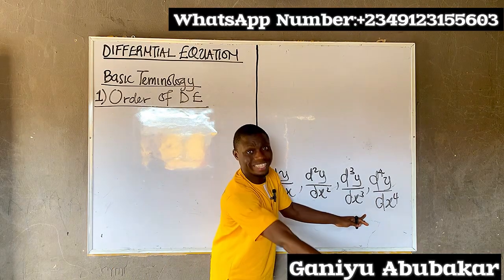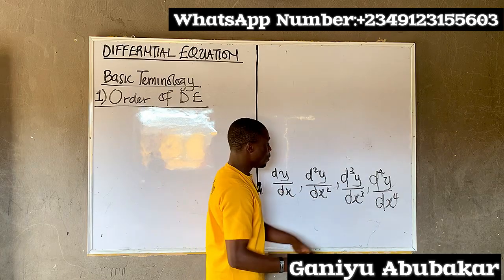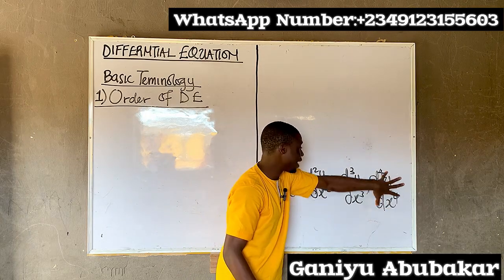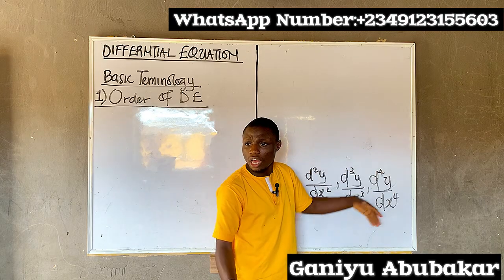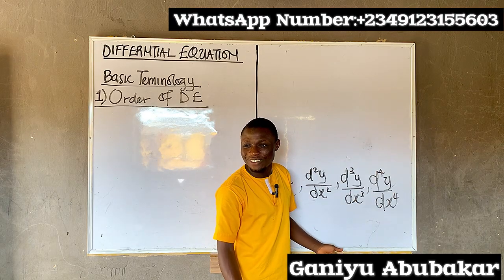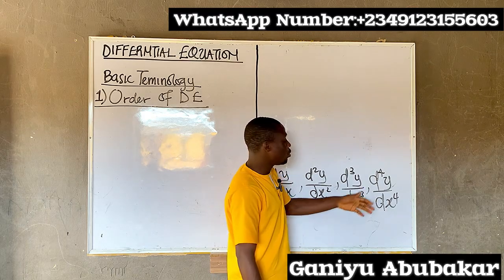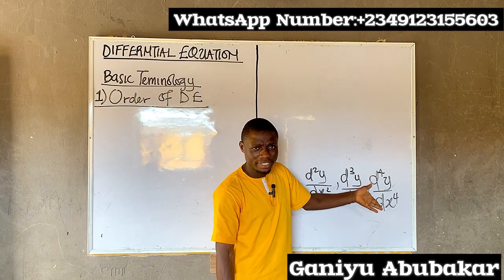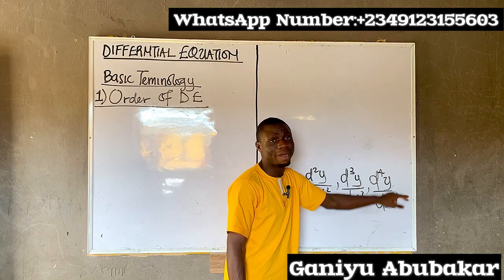But which one is the highest? The highest here is this one, because it has power 4. The power here is 4, so it's the highest. So the highest differential coefficient in this case here is d to the power 4 y over dx to the power 4.